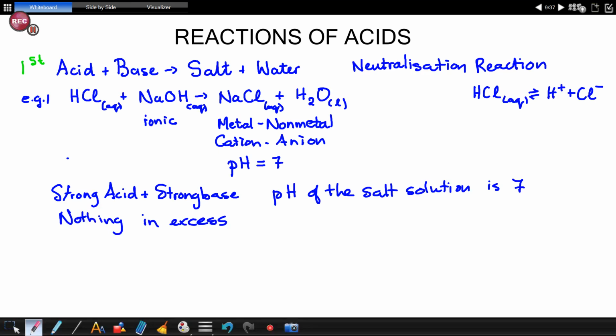They are there. The sodium hydroxide will also be freed, so you'll have sodium ions and you'll have hydroxide ions.